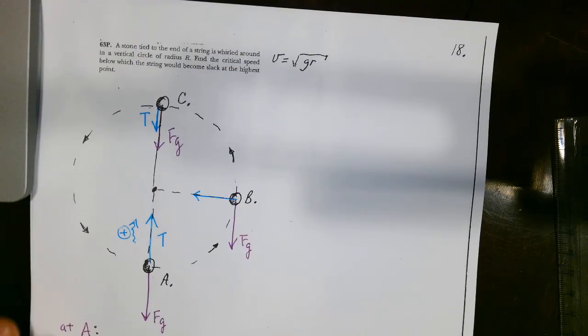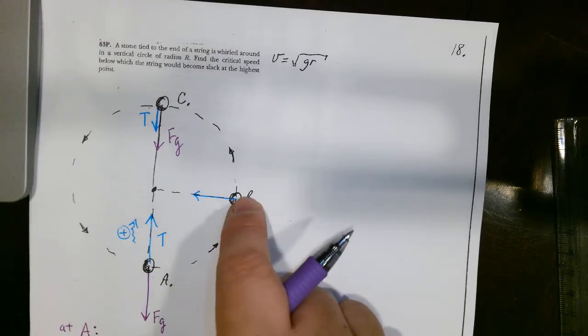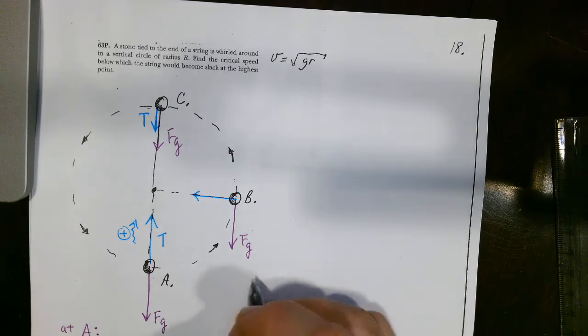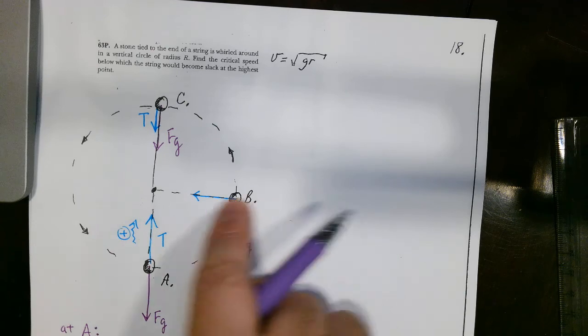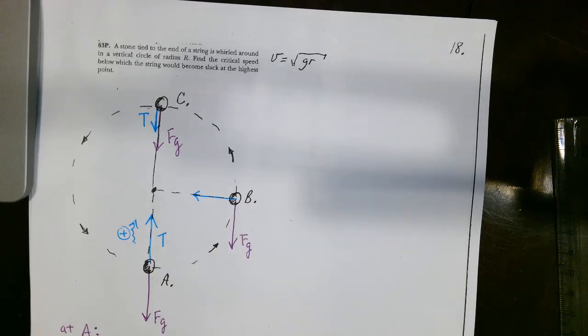Well, what about at B? At B, we're just going to have tension equal to mv squared over r, because FG is not in the radial direction. So that's easy, right?